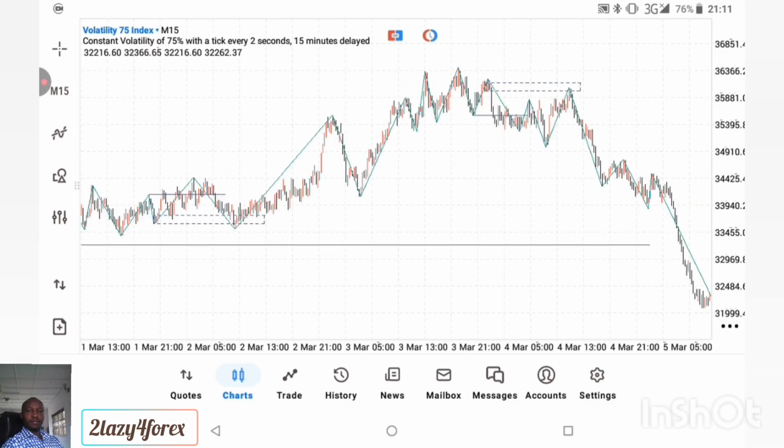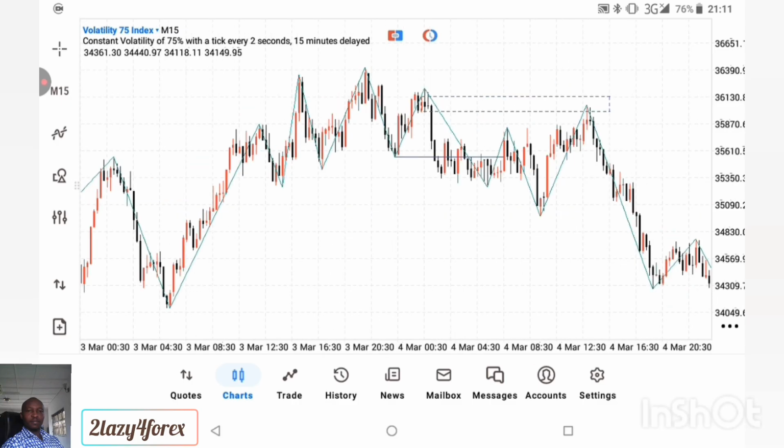Another thing is, for some of you who like the supply and demand strategy, you can use this to confirm your entries on the supply and demand level. Maybe you've placed a box for your supply and demand areas, and when you get to the spot you're supposed to sell, I'm too lazy to do all those things.